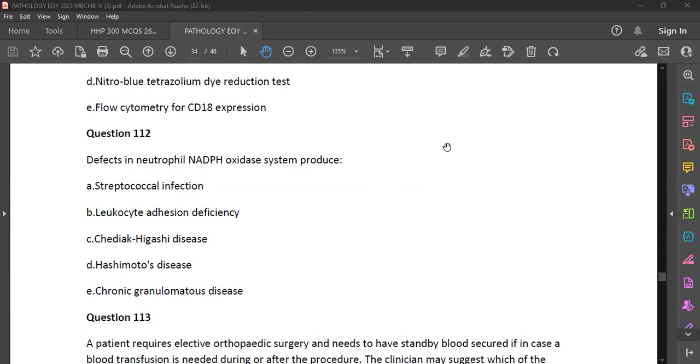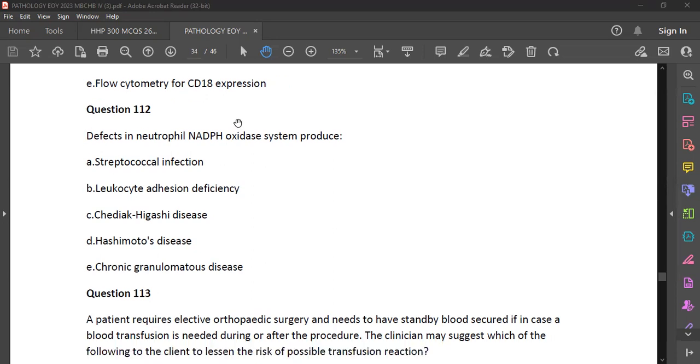You can refer to it, but just to mention it, an NADPH deficiency will present as a chronic granulomatous disease. Yeah, in part of white blood cell abnormalities, it was also mentioned as part of them, chronic granulomatous disease.